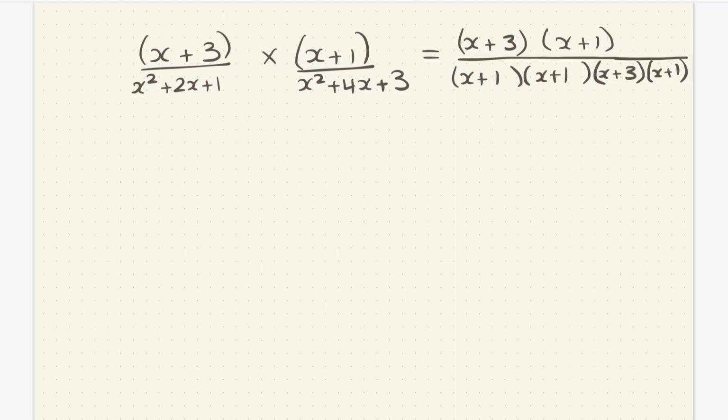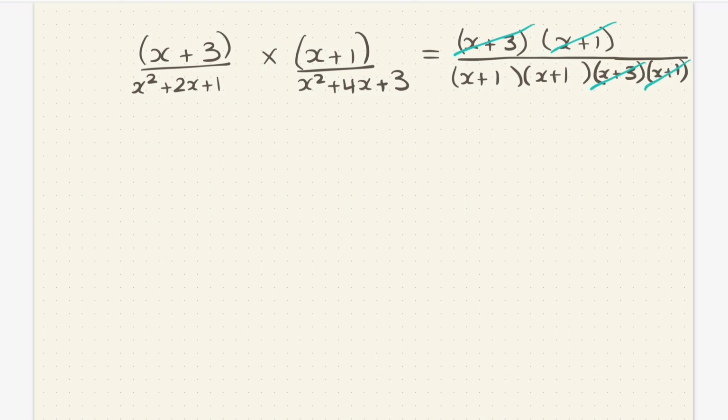Looking at this fraction, I'm going to go through and cancel out everything that I possibly can. So I can see that I've got an x + 3 on the top. I've also got an x + 3 on the bottom, so those can cancel. And then we can see we've got an x + 1 on the top, we've got an x + 1 on the bottom, so those two can cancel as well.